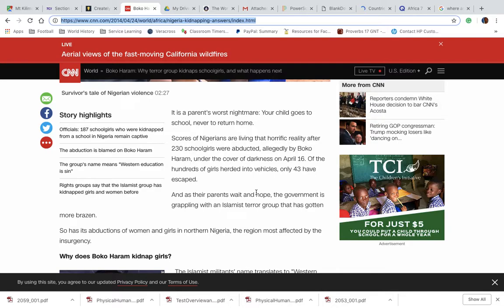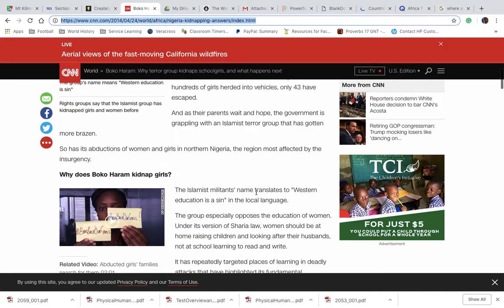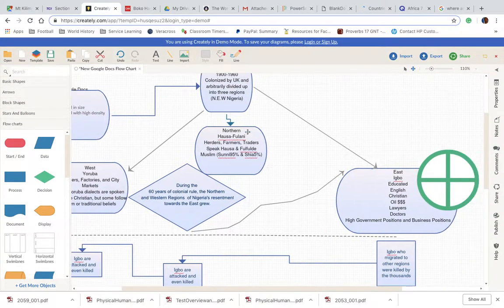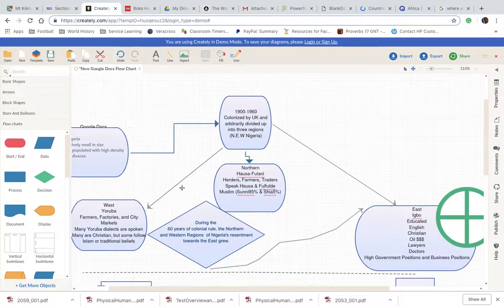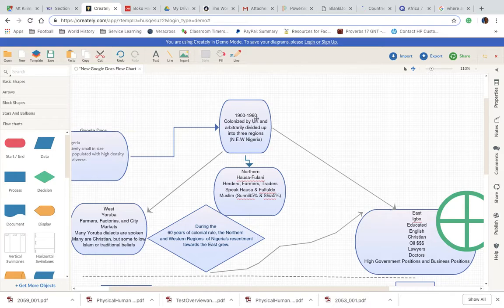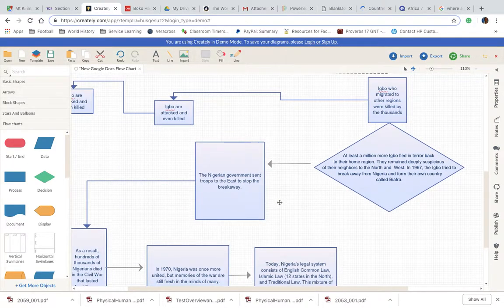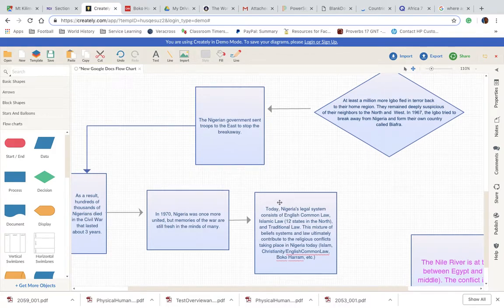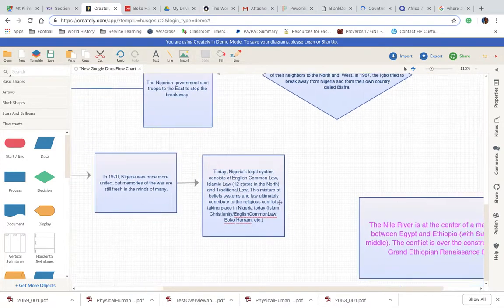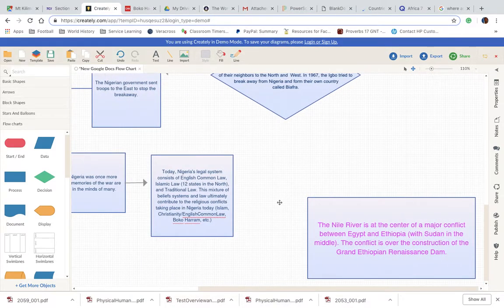So that is ultimately the clash that you see trying to avoid Western education, which ultimately stems way back to these relations, right, that started in the 1900s and ended in the 1960s. But the impacts of 60 years of being colonized are still being seen today, right, and still felt today. So those are the Nigerian conflicts.